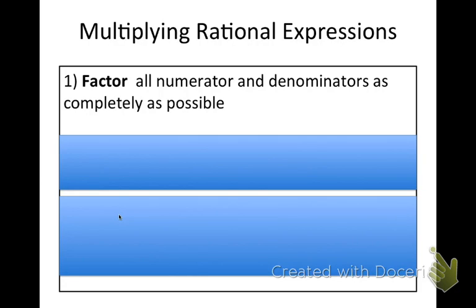So step 1, multiplying rational expressions. Factor the numerator and denominators. You want to factor it as much as you possibly can. So remember, we can only cancel out factors, so you want to get them to be all factors.